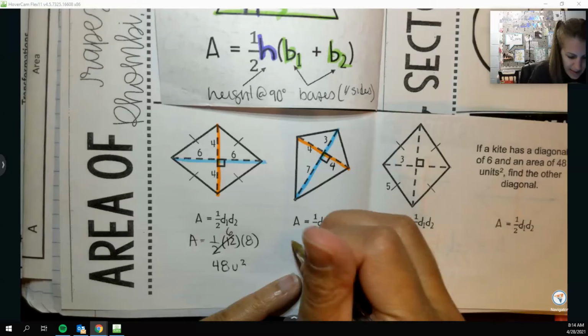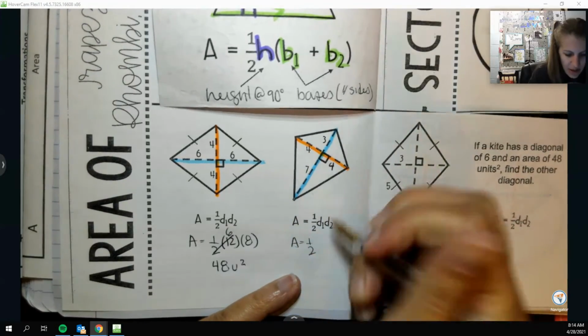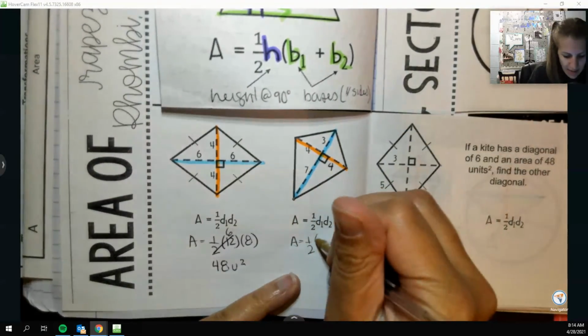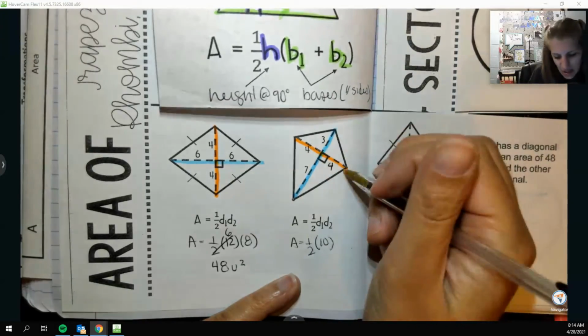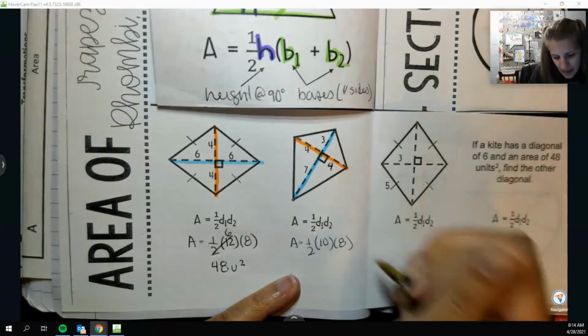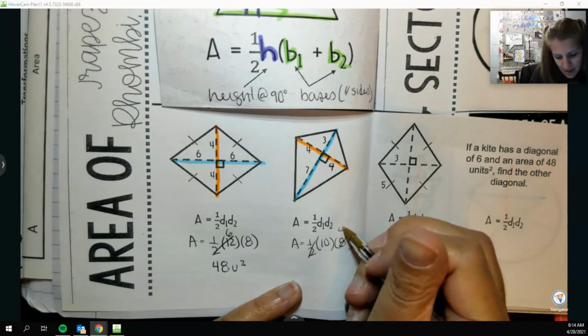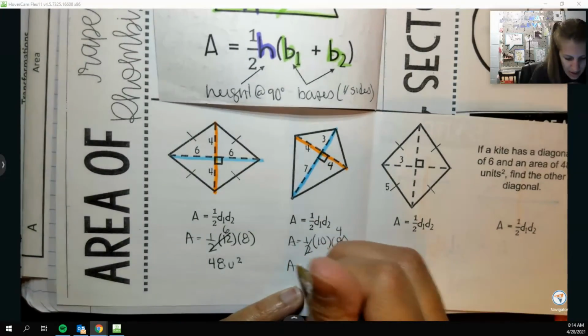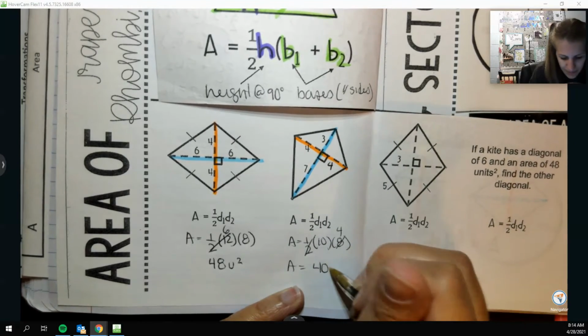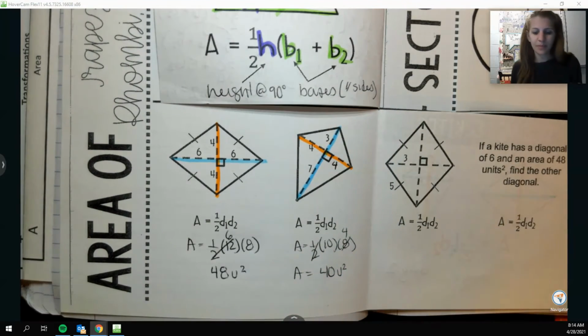And so if I want to find the area, we're going to do half D1, which was 10, times D2, which is 8. You can take half of whatever, so maybe I take half of 8 this time, because multiplying by 10 is easy. And so I get 40 units squared.